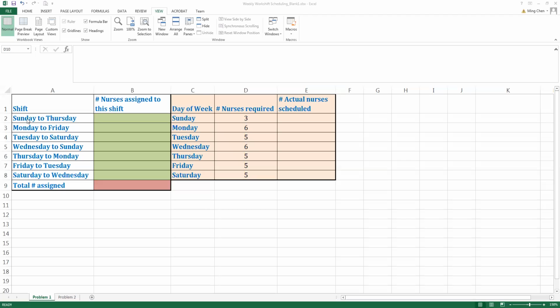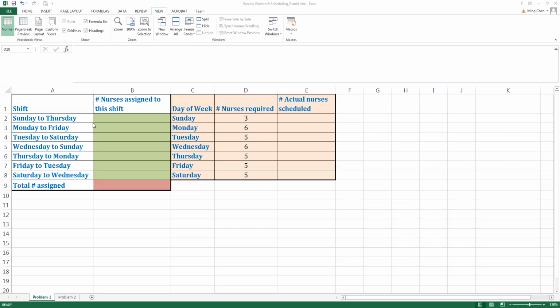So these are the working days. Work from Sunday to Thursday, taking Friday, Saturday off. That's the first possible shift. The second possible shift is working from Monday to Friday and then taking the weekend off, so Saturday, Sunday off. The next one, work from Tuesday to Saturday and then take Sunday, Monday off. So these are all 7 possible shifts.